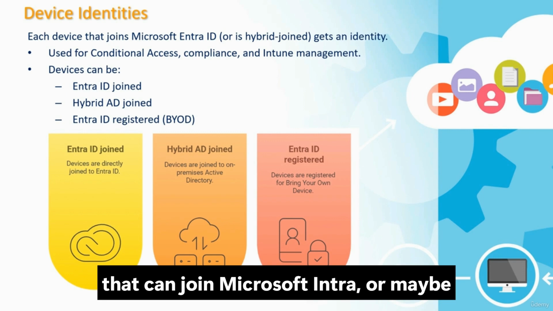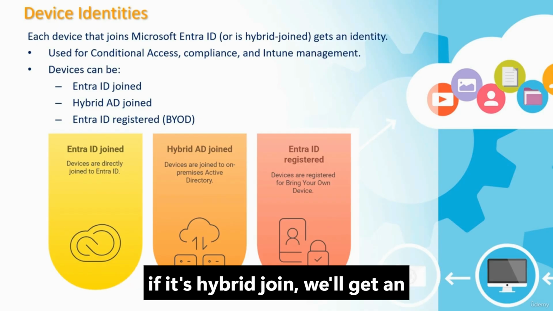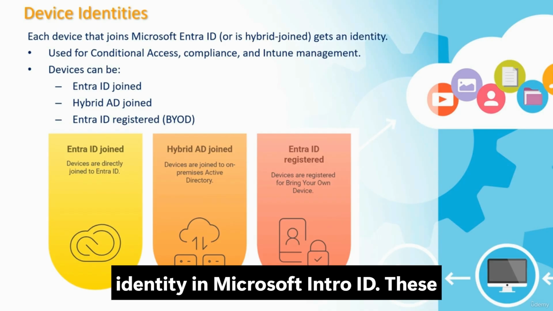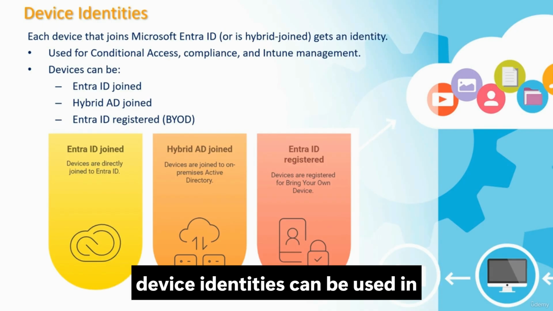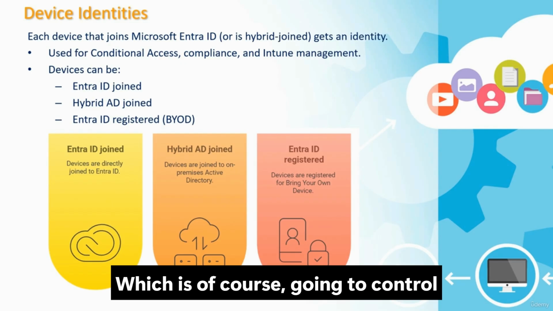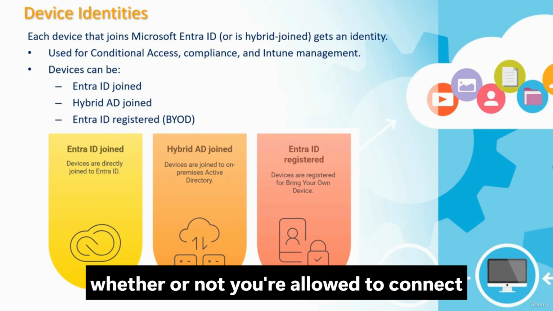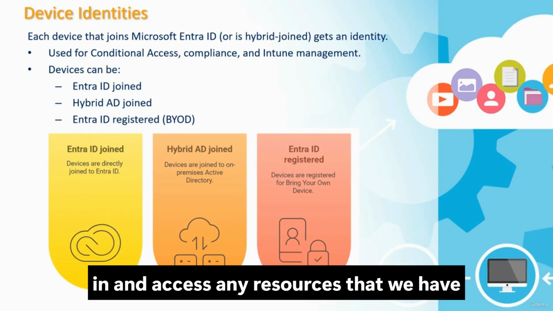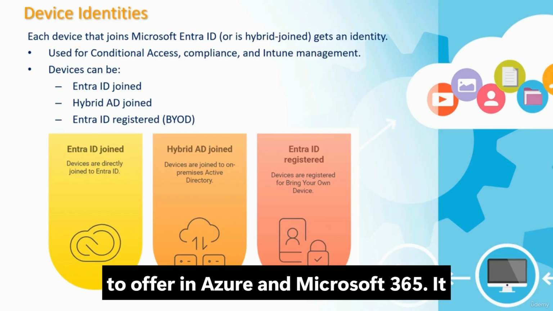Each device that can join Microsoft Entra, or maybe if it's hybrid joined, will get an identity in Microsoft Entra ID. These device identities can be used in conjunction with conditional access, which is, of course, going to control whether or not you're allowed to connect in and access any resources that we have to offer in Azure and Microsoft 365.